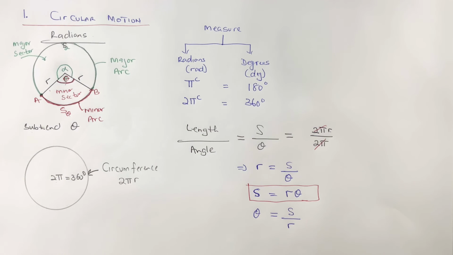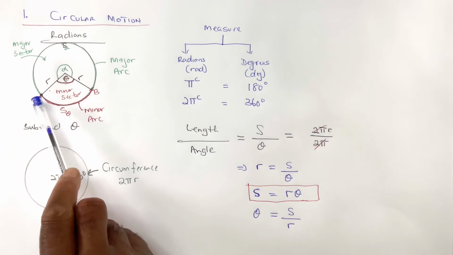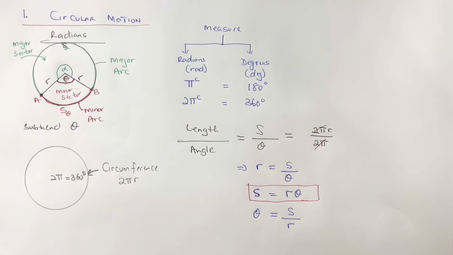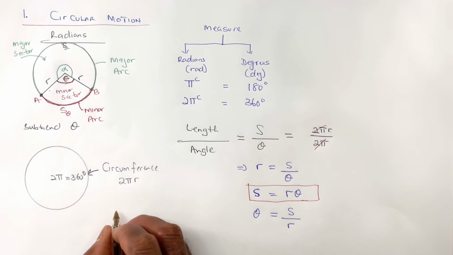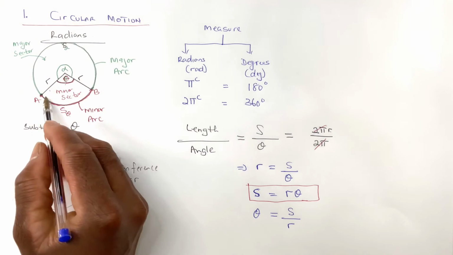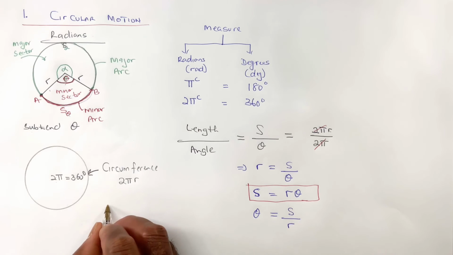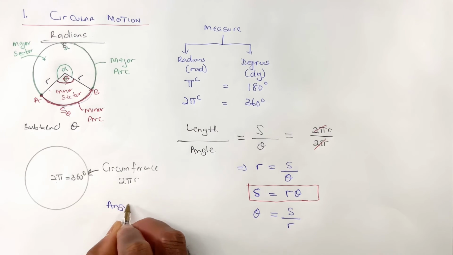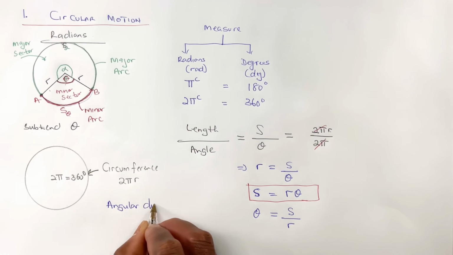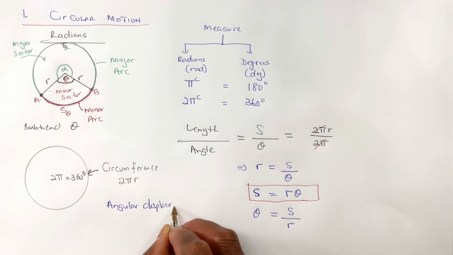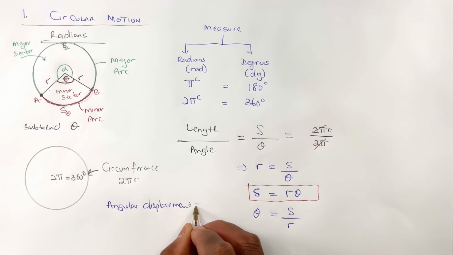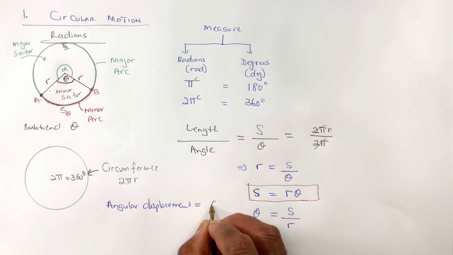So the displacement now from A to B will be that displacement. We're just going to call it angular displacement because I'm moving an angle to generate that. So the angular displacement is equal to theta.